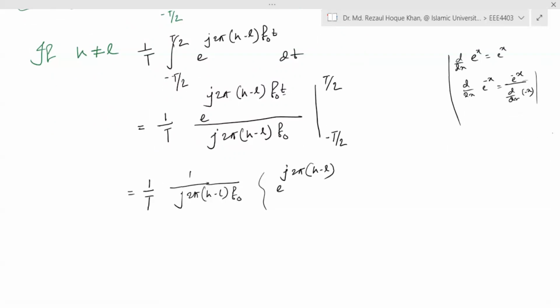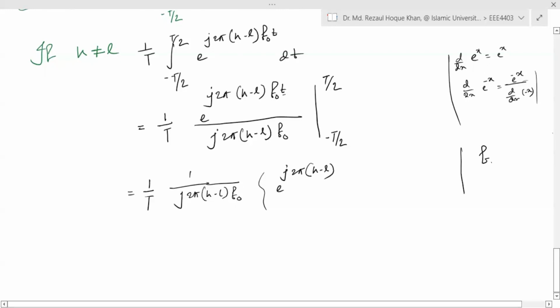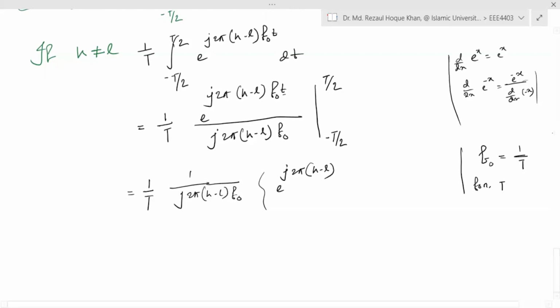Here we already know from the previous definition that f0 is nothing but 1 by t, for t equal to 1.